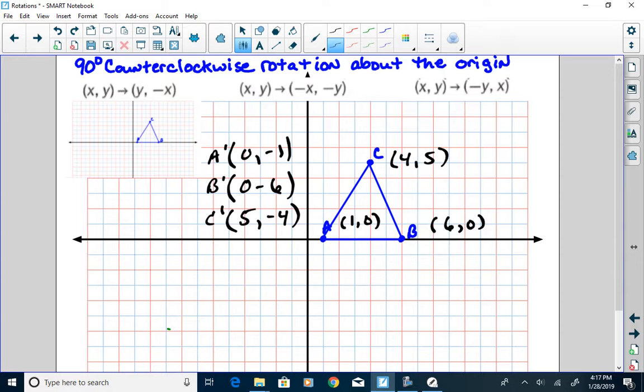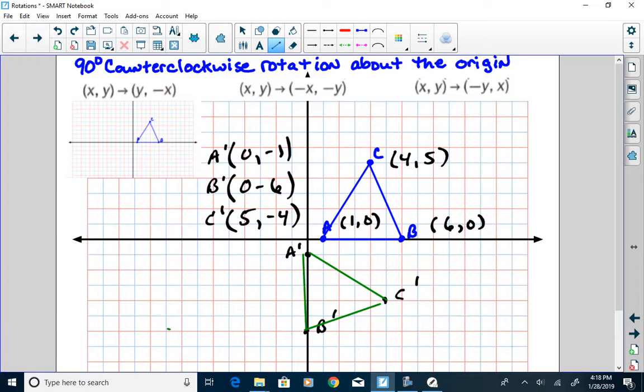Graph those ordered pairs: A prime at 0, negative 1, B prime at 0, negative 6, and C prime at 5, negative 4. Connect those points, here, here, and here.